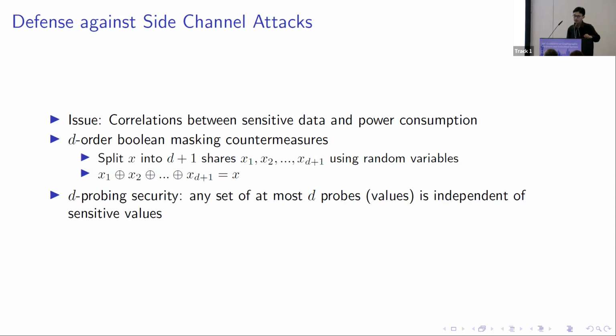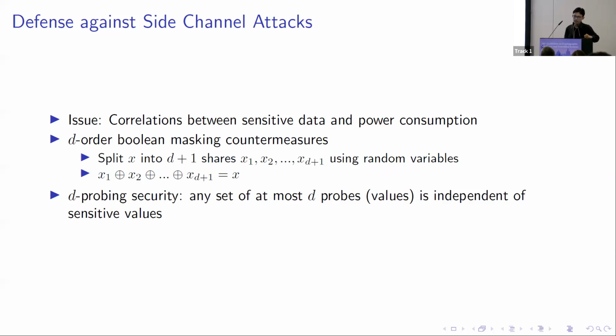Its basic idea is to remove the correlations, given a security order D. Each secret variable X is split into D+1 shares, using some random variables, and each share is independent of the others. In Boolean masking, which is the most commonly used technique, the shares are finally XORed together to reveal the sensitive data X.